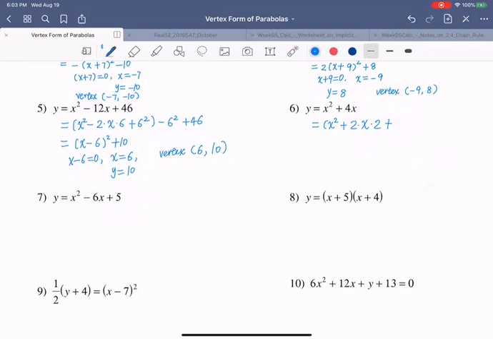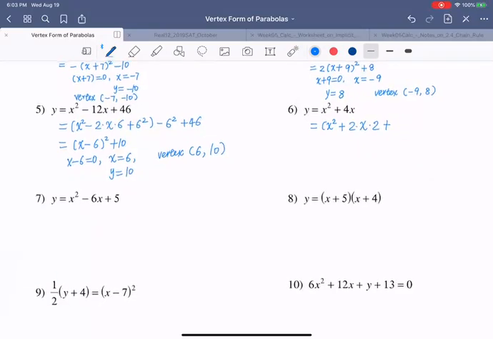Plus 2 squared, minus 2 squared. Good. Next. Then it's x plus 2 squared minus 4. Good.